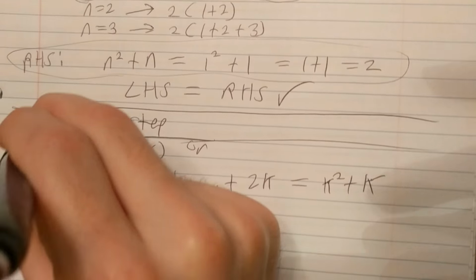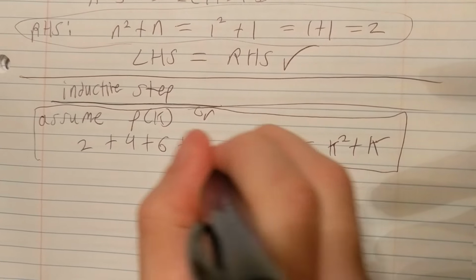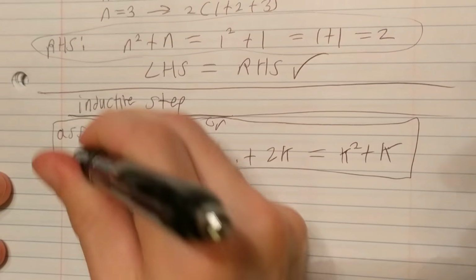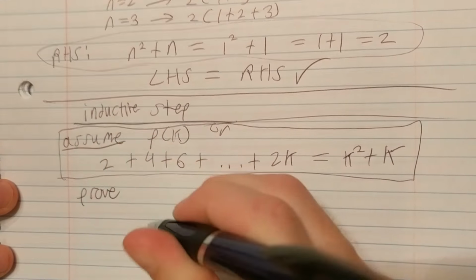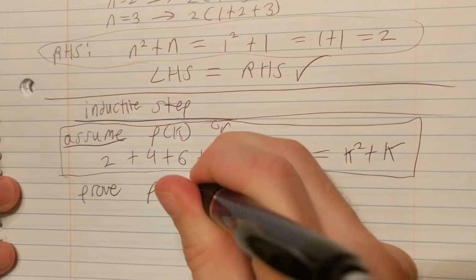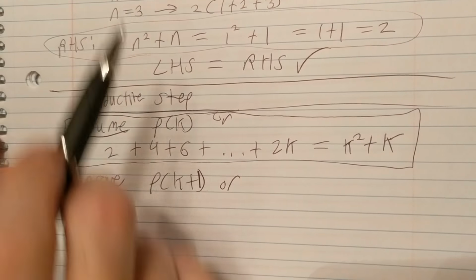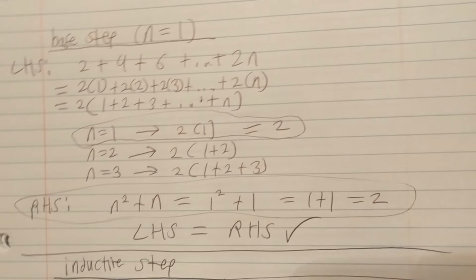So we're assuming this equality holds. And what we want to prove is that P of k plus 1 is true. Or in other words, plug k plus 1 into P of n to get P of k plus 1.